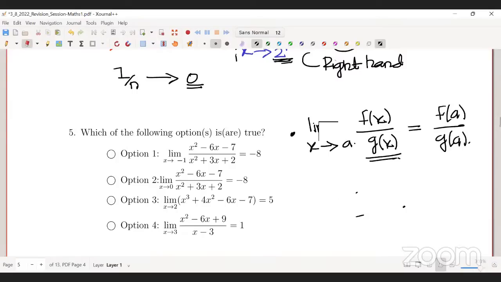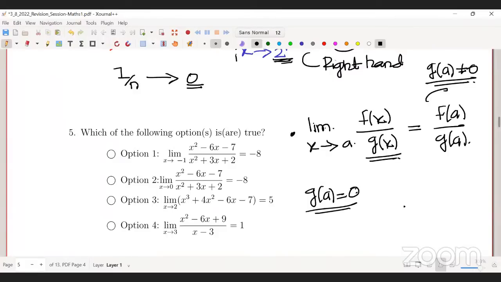The problem occurs if g of a is 0. Then you need to factorize both f of x and g of x, and cancel the common factors.